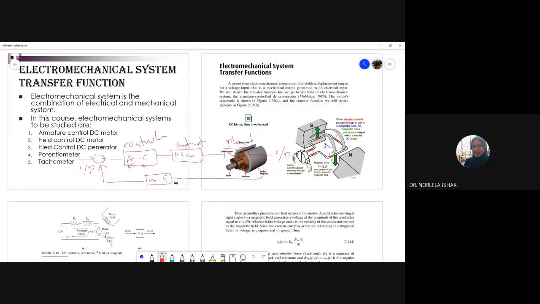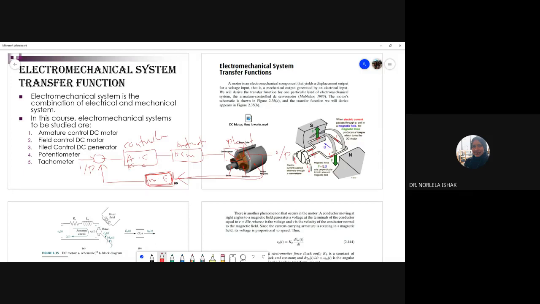What is a plant for this electromechanical system? And from the plant, you can see the output, and then we will measure the output using this subsystem. We measure the output using measurement element. We will define what type of measurement element we are going to use.